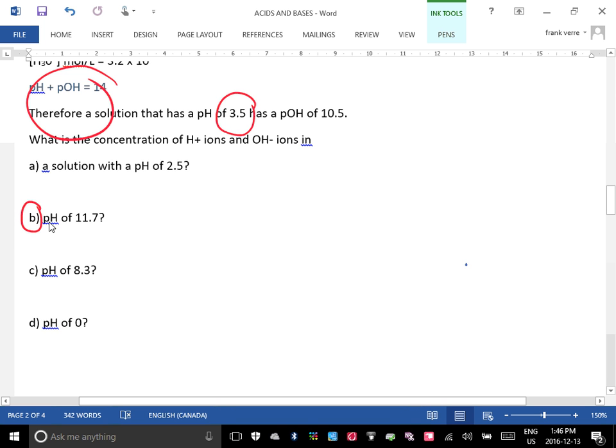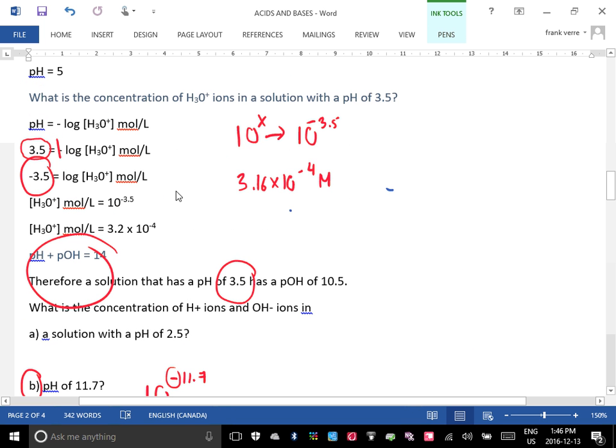How do we figure out the concentration? So remember, you take the inverse log, right? So it would be 10 to the power of negative, don't forget to put the negative sign. Because if you look at the formula, the pH is the negative log. So if we want to get rid of the negative sign, we got to move the negative to the other side.